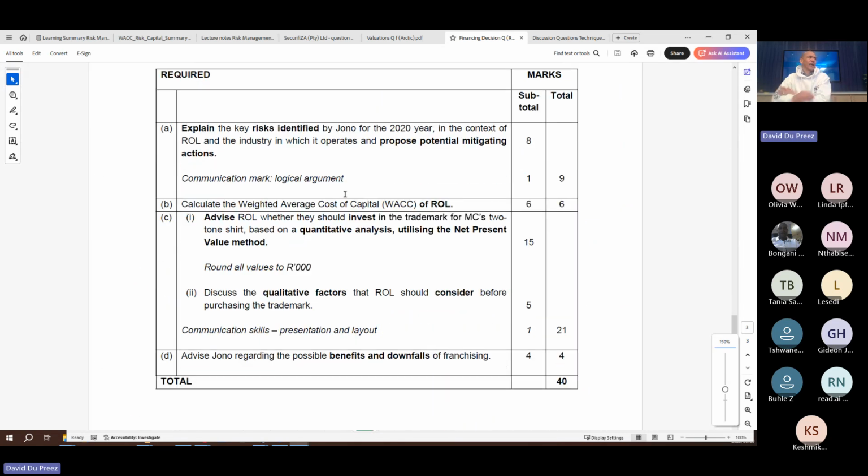Let's get into the required and understand what it is expecting of me, and what I should possibly expect in the scenario to help me support my answer. So let's jump into question A. Guys, can you see what they've done in the question? They've highlighted the keywords.